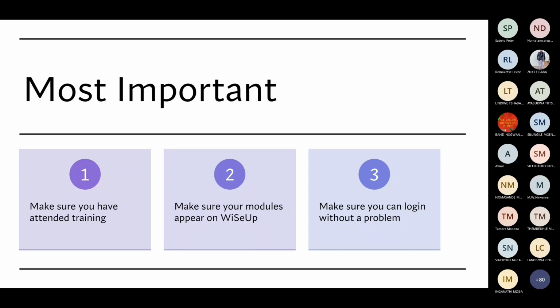To change the password, I need to send an email to someone who may take a day or two to reply. So when I will be left with 10 minutes, that person will reply in 1 or 2 days. You see already that is a problem. Make sure that when you leave now, you can log in to your WhatsApp and your Moodle, because that is where you're going to be writing exams.